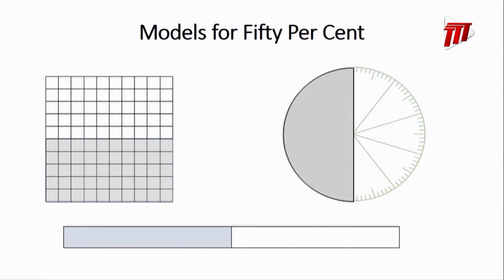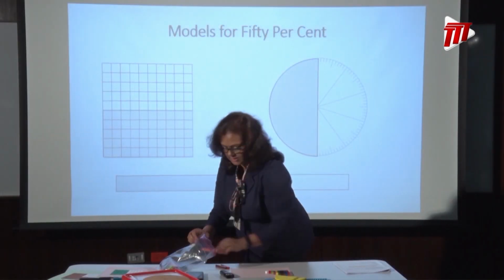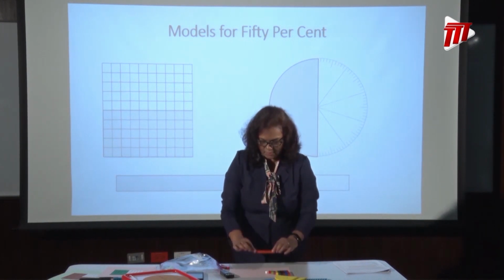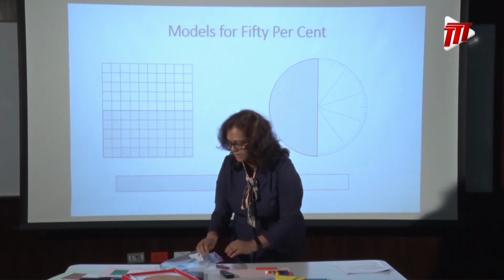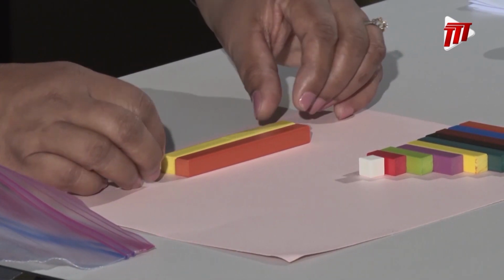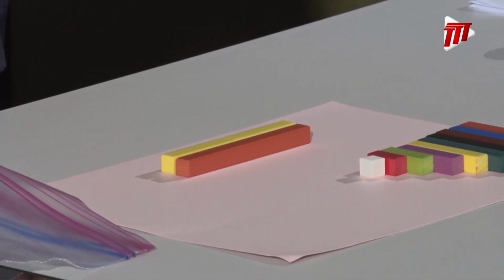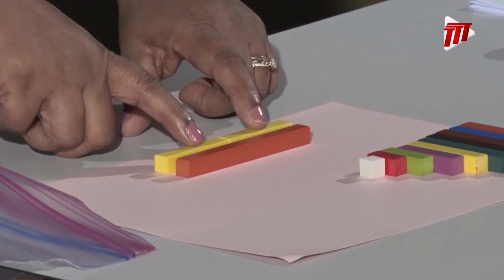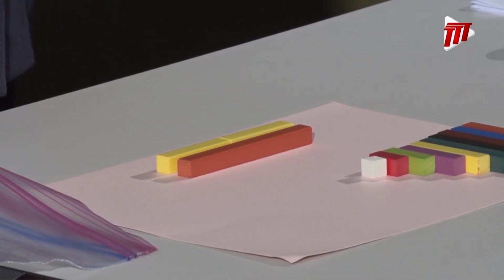I can also represent my fraction using my Cuisenaire rods. So which one can I use? I can use a number of them. I can represent it using the 10 rod. So for this to represent 50%, we are going to use yellow to represent 50%. As you could see, the length of 2 of the yellow rods are the same as the length of one of the 10s rod, or the orange rod.